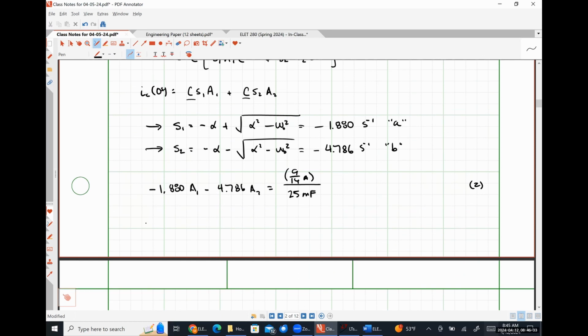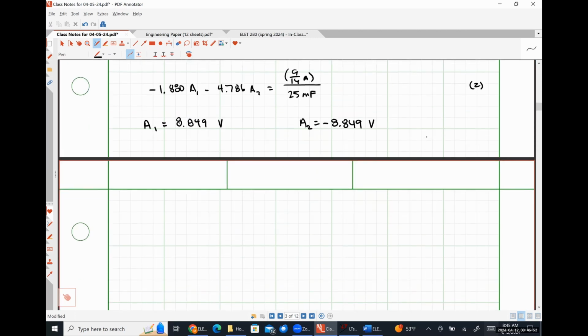And I wind up getting A1 is 8.849 volts and A2 is negative 8.849 volts.